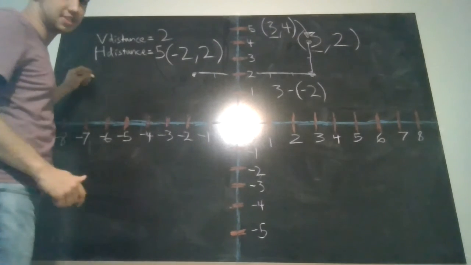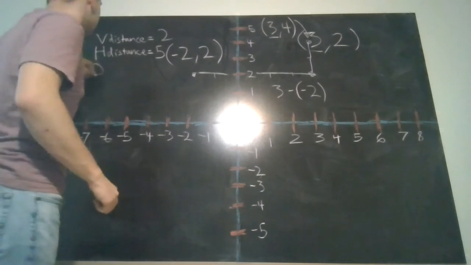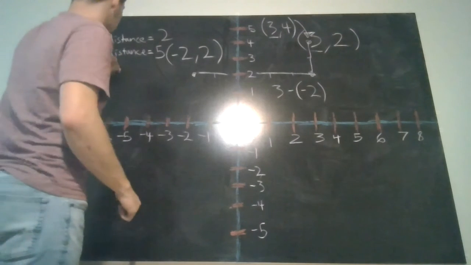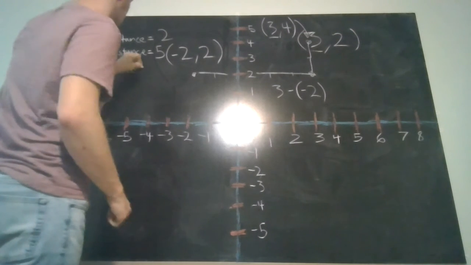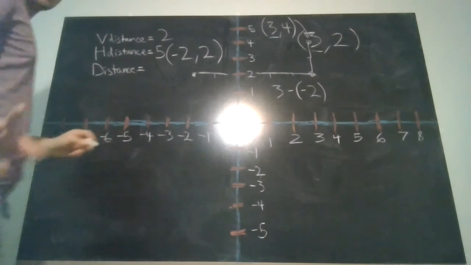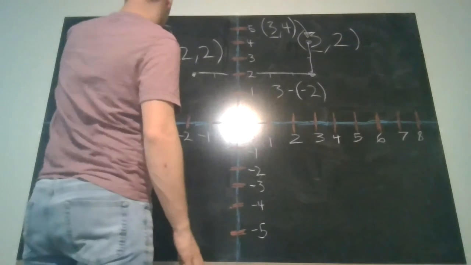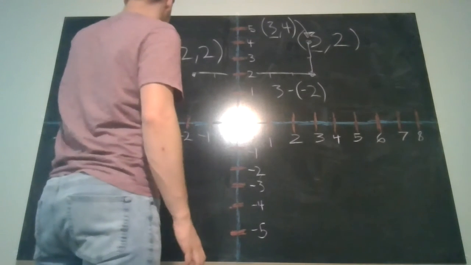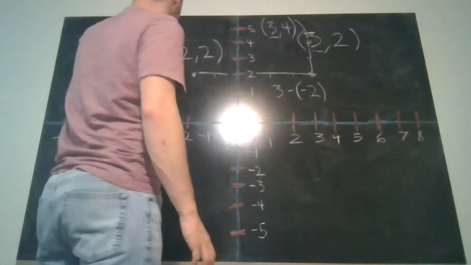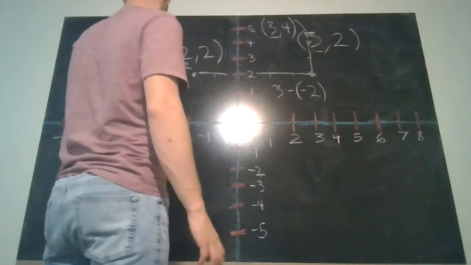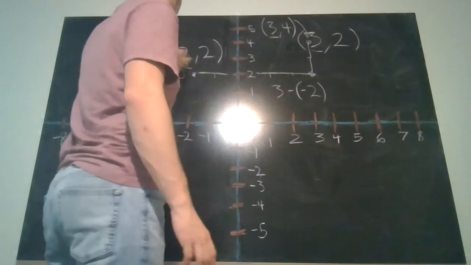So total distance, which I'm just going to call distance, hold on to your hats, kids, is going to be 2 squared plus 5 squared, and then you got to take the square root of that whole thing.